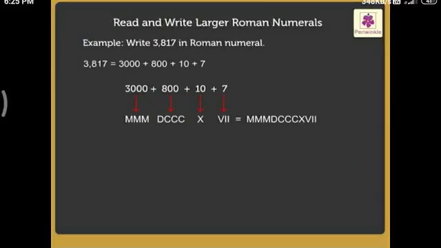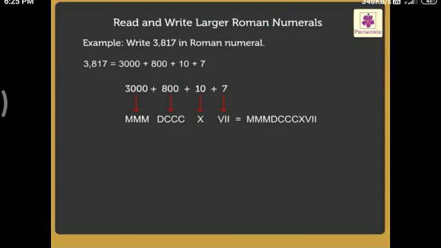If you know this, you can move on to the next example. Did you understand, children? Okay, let me do one more example. Write 3817 in Roman numerals. When we write numbers in Roman numerals, first write the number in expanded form.